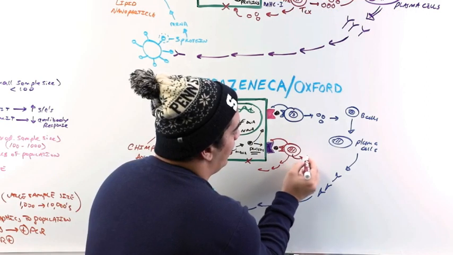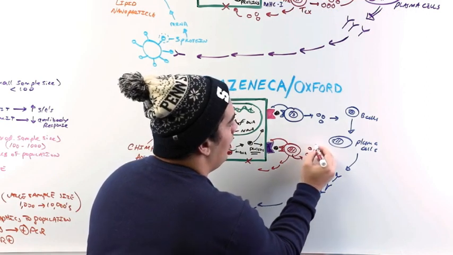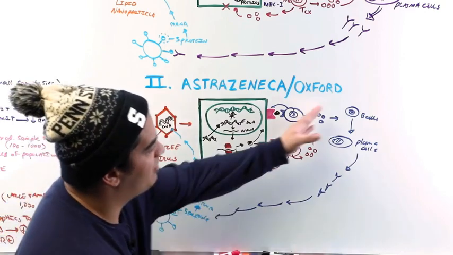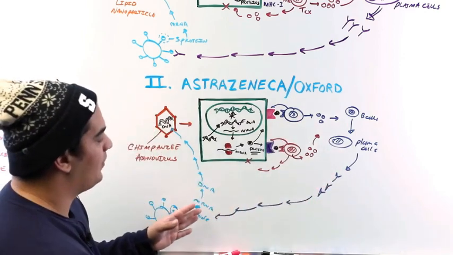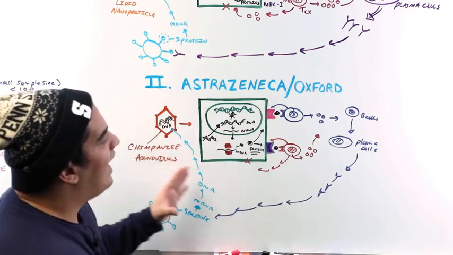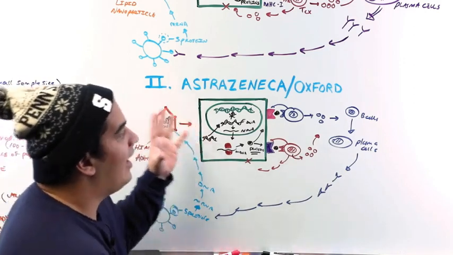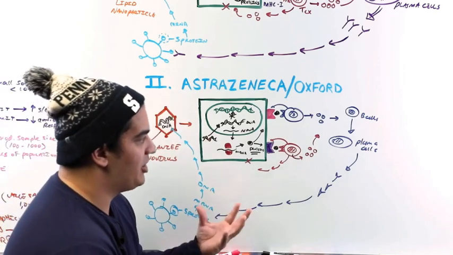But also release cytokines that are going to aid in your antibody response as well. And this response is really what we're looking at, okay? So again, this is how these vaccines are working. And now that we understand that, now we can go over some of the interim and press release data.